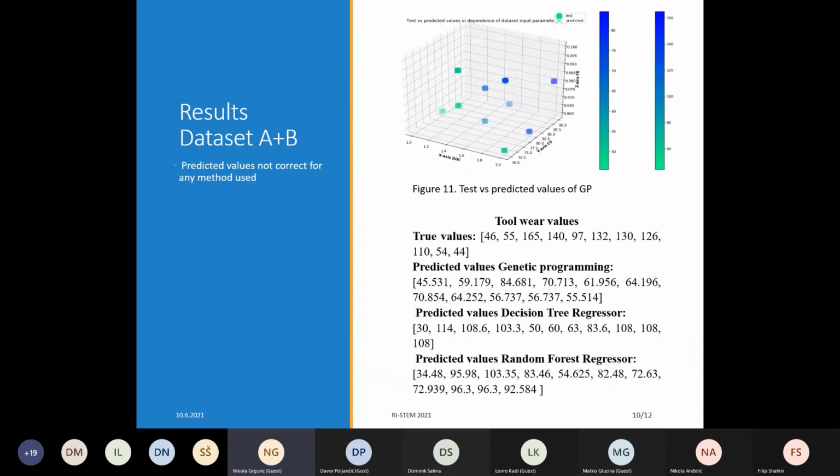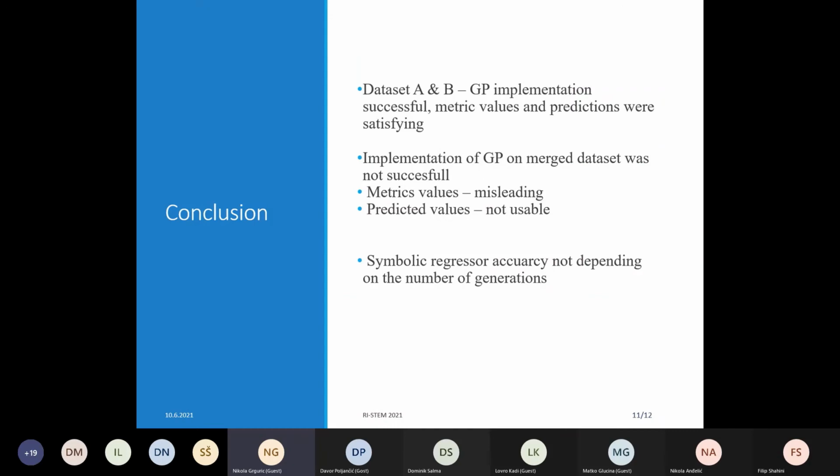As can be seen in figure 11 and the numerical values of predicted tool wear, most of the data compared to true values have no sense values. To conclude, in the case of datasets A and B, the GP algorithm was successful, which can be proven with good metric evaluations and quite correct predicted values.